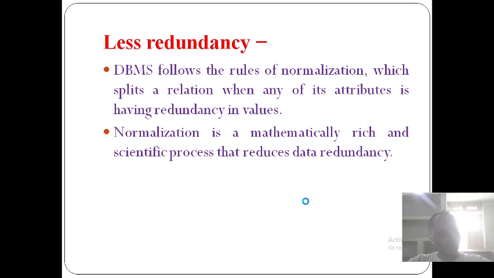See here now, instead of having information of 30,000 students, now we are having only 10,000 students' information in the student database. The same 10,000 students can be accessed by all the three departments, right? So here less redundancy means there is no redundancy, almost nil we can call it. Got it? So this is how you can minimize the redundancy. Redundancy means duplicate values. Got it?